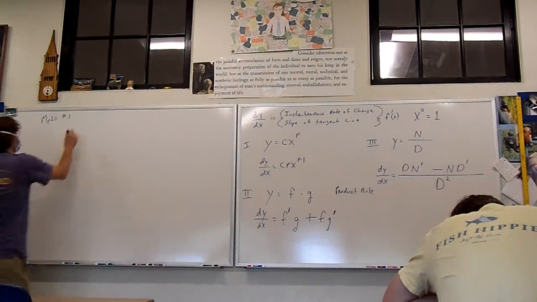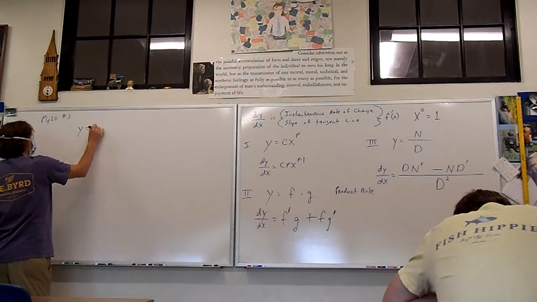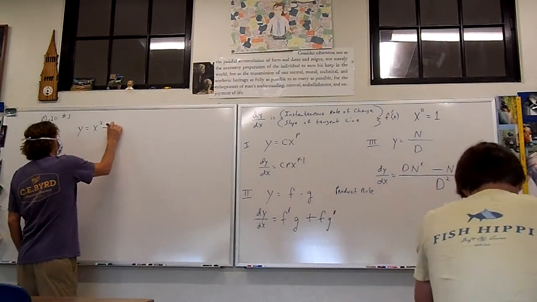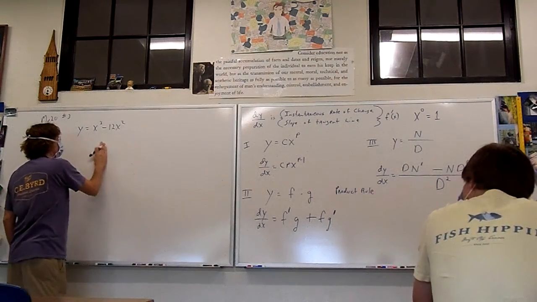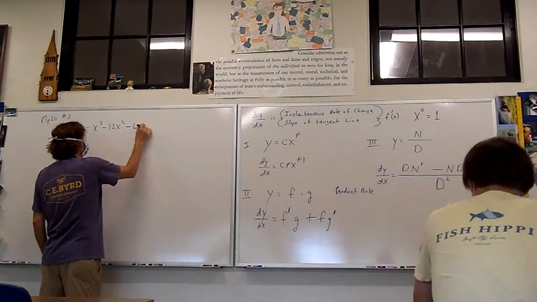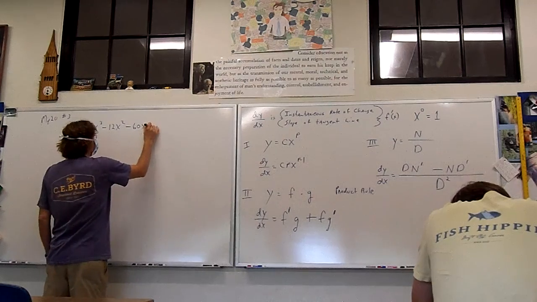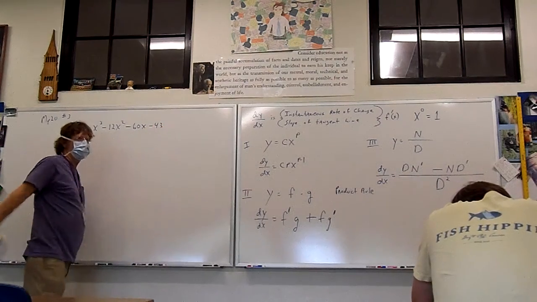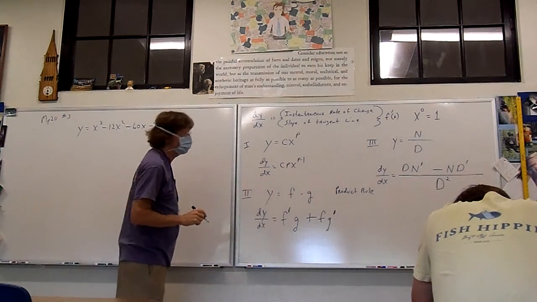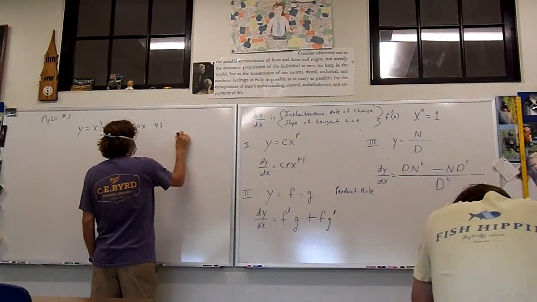Okay, y equals x cubed minus 12x squared minus 60x minus 43. And we want to know the equation of the tangent at negative 3, 2.